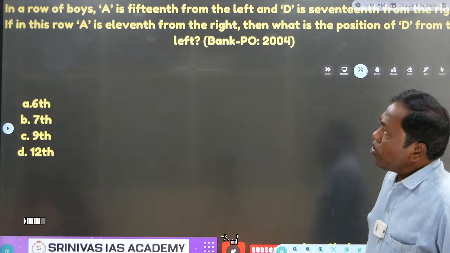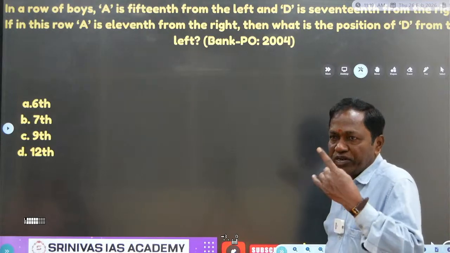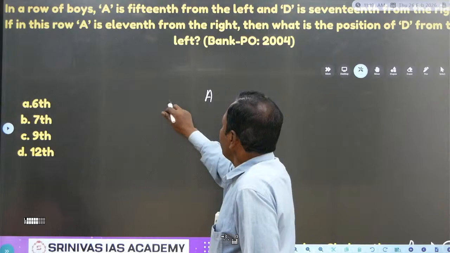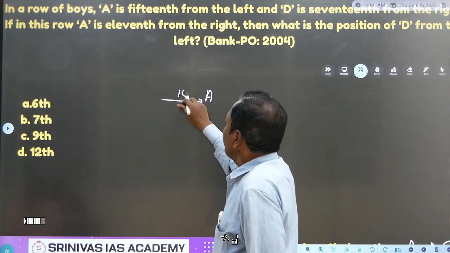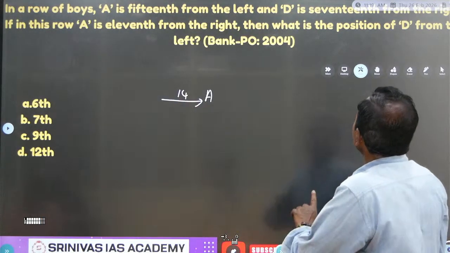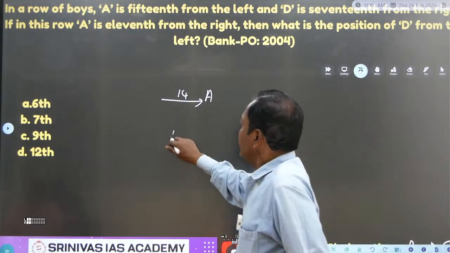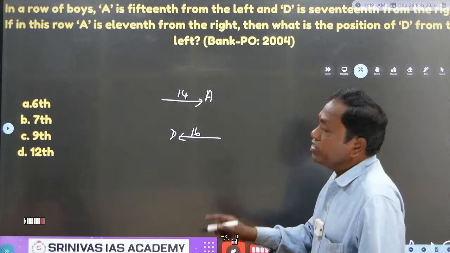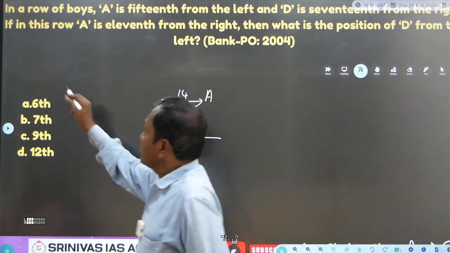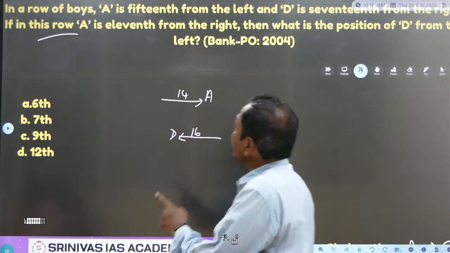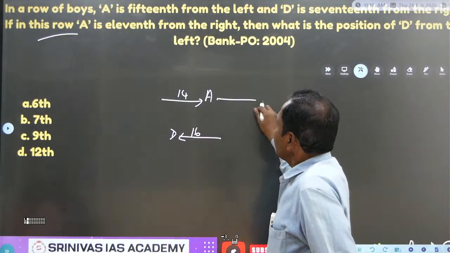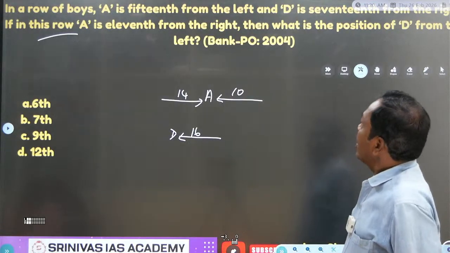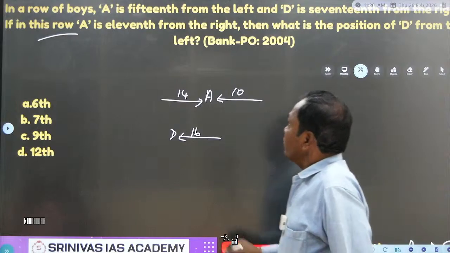Now, in a row of boys, A is 15th from the left, which means 14 before him, and D is 17th from the right. If in this row A is 11th from the right, which means there are 10 to the right of A, then what is the position of D from the left?